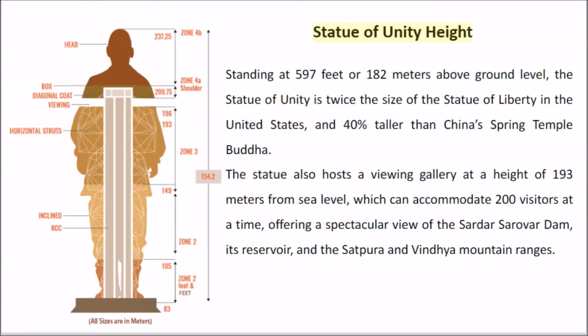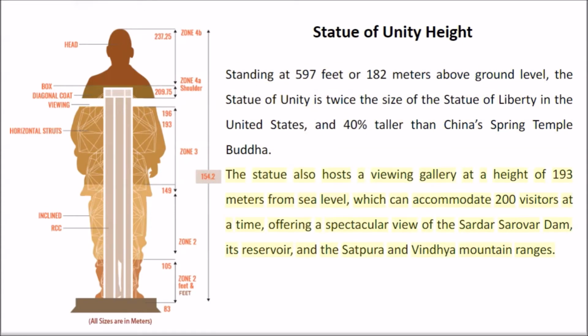Statue of Unity height. Standing at 597 feet or 182 meters above ground level, the Statue of Unity is twice the size of the Statue of Liberty in the United States, and 40% taller than China's Spring Temple Buddha.